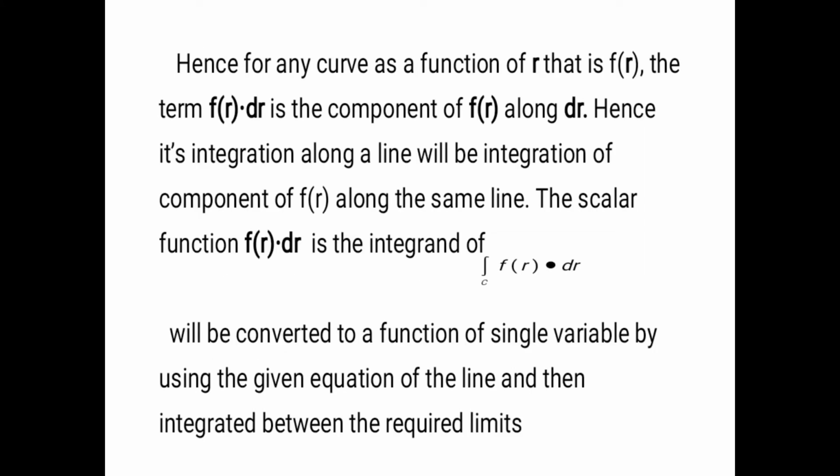Now if we consider the end point of the vector r, it is on a line or on a curve that is denoted by f of r. So if f of r represents a line or a curve, every point on the line is nothing but the end point of a radius vector r.